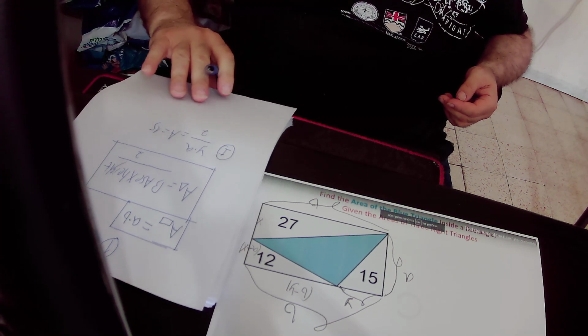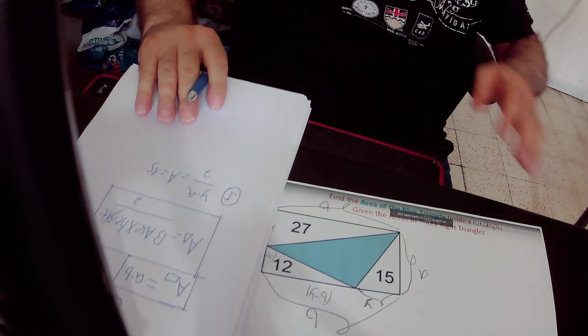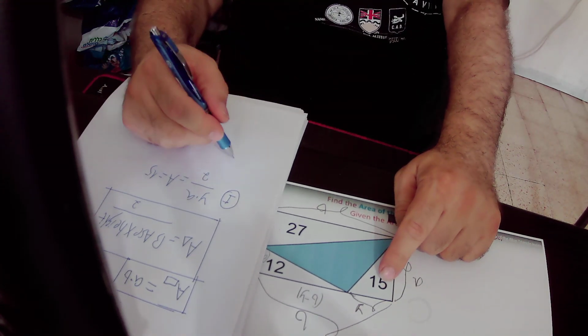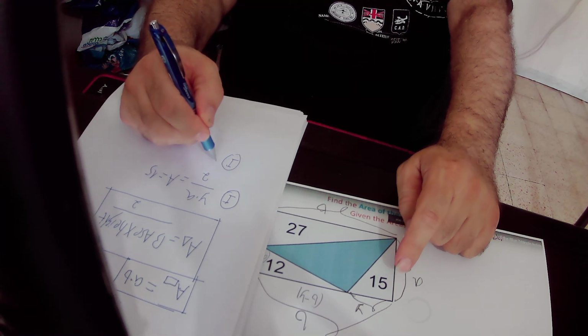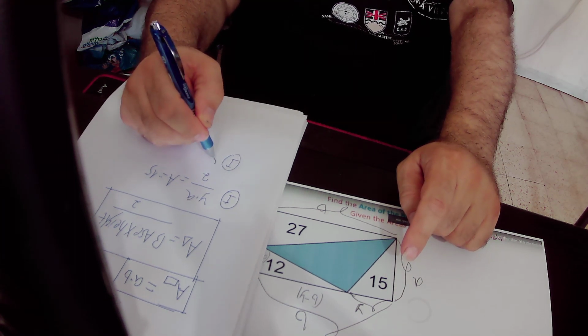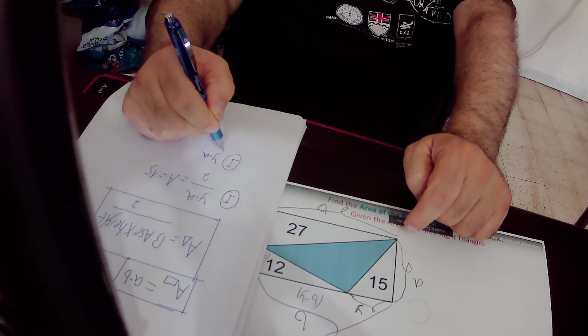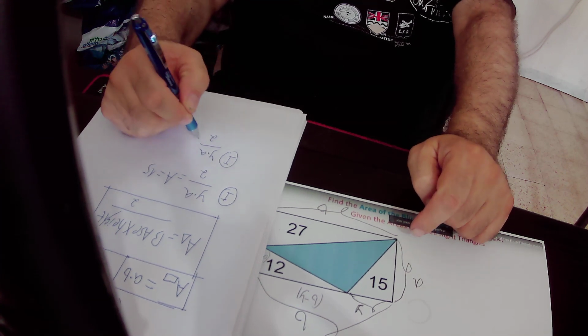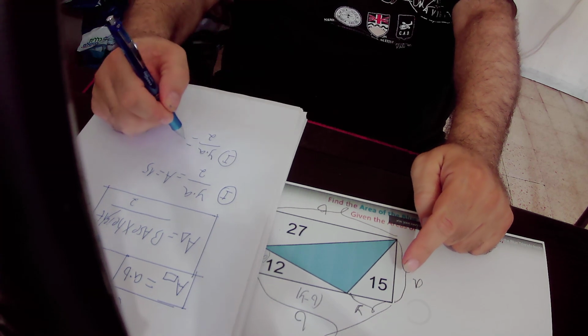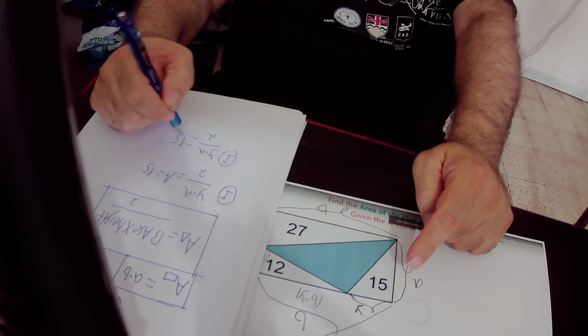So the area of this triangle equals the base, y, times the height, A, divided by 2, and this area is given to us, it equals 15 units.